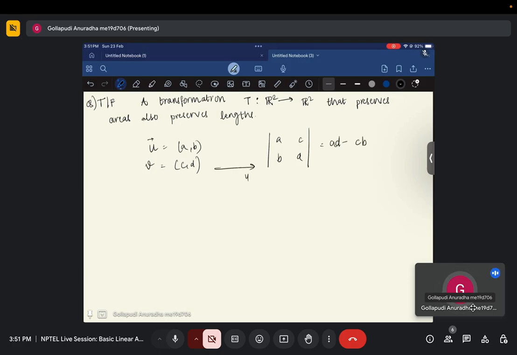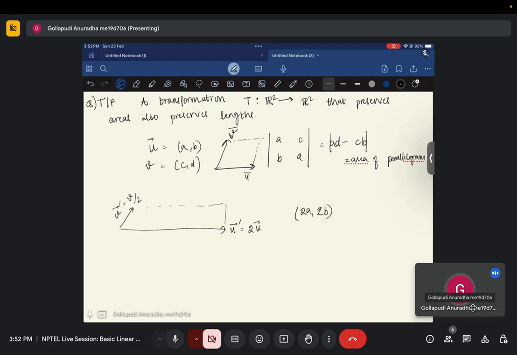So if I'm having vectors u and v, then this is going to give me the area of the parallelogram. Now, for example, if I am increasing the length of u by twice and making v half, it will become 2a comma 2b and the new vector will become c by 2 and d by 2.